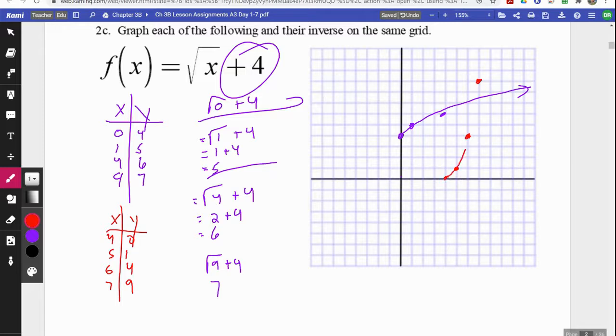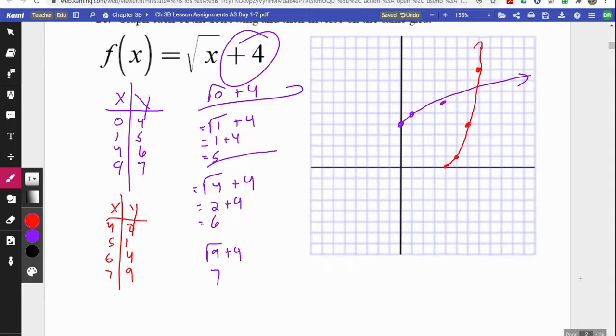So you can see it kind of goes up like this. That's the inverse function. Again, just to sum it up, the whole point is once you have a list of ordered pairs, your XY table, just swap them.